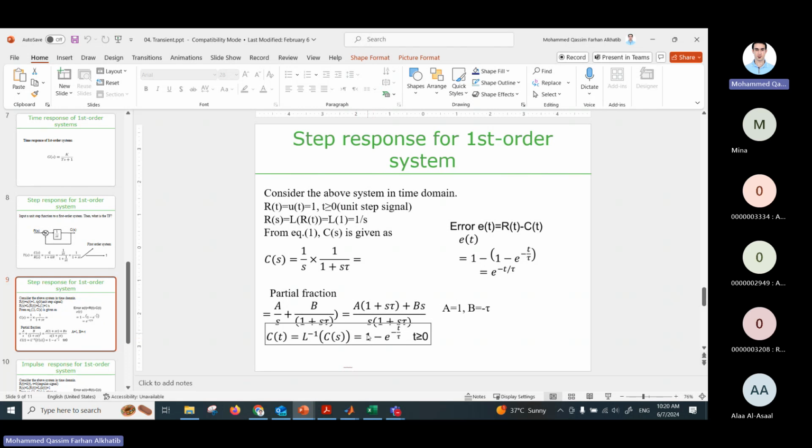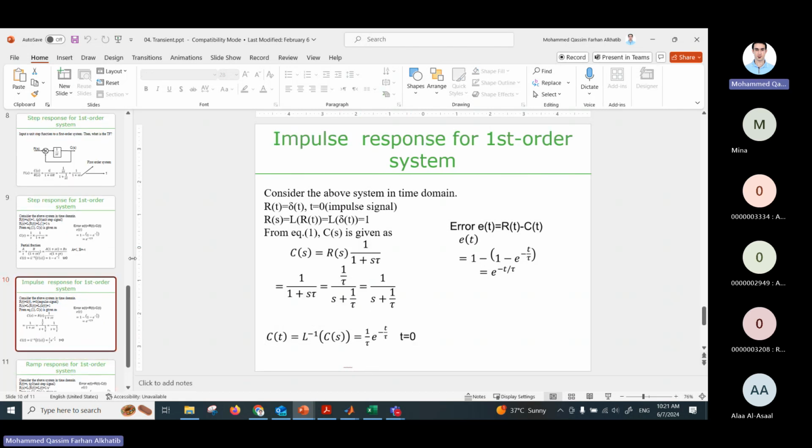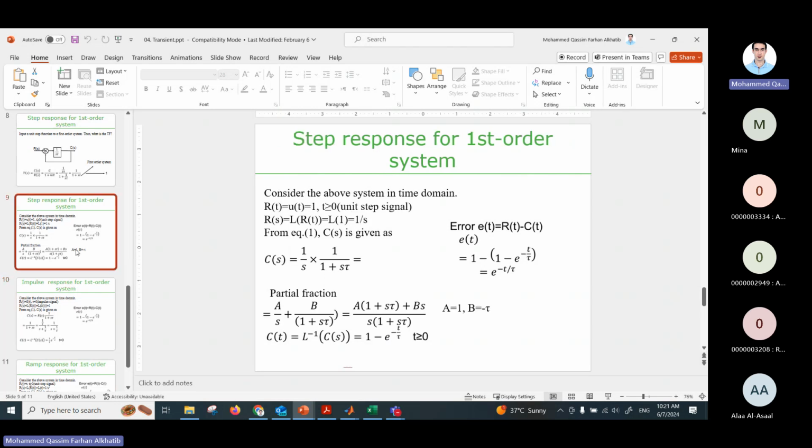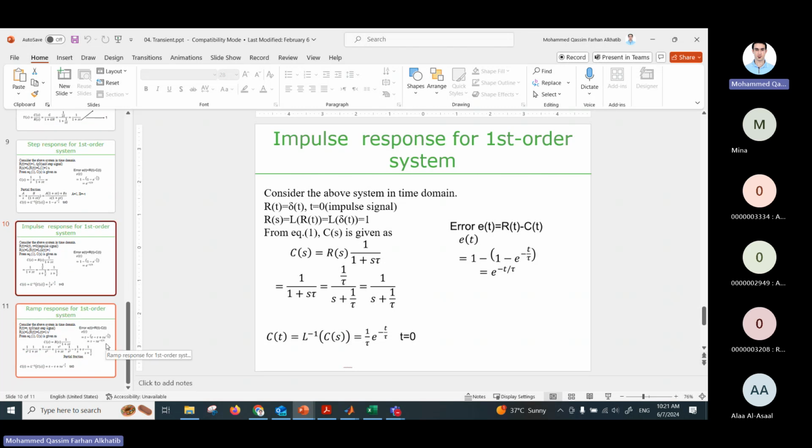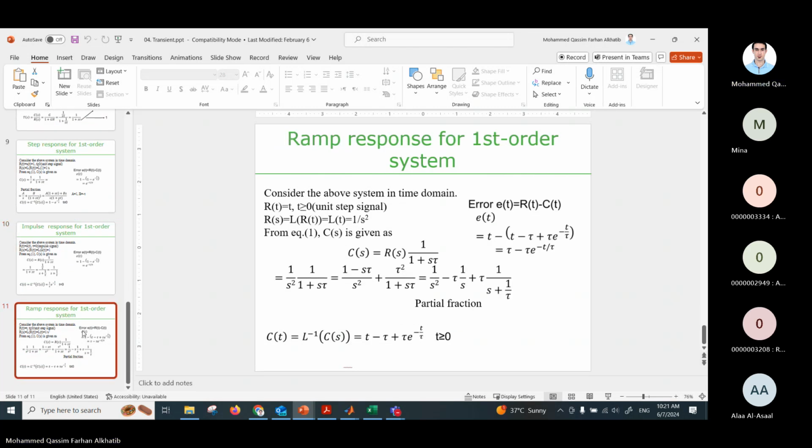And that's what we have here, 1 minus e to the power minus t over tau. If there's a 5 here, then there will be a 5 multiplied by the whole thing. Now that's the impulse response. You notice that there is an exponential part, which explains the exponentials we got for a simple first order system. Again, that's an example of a ramp input.